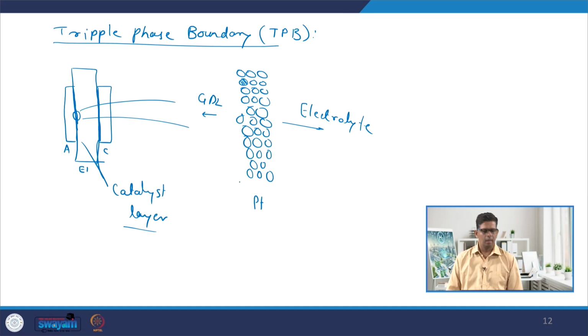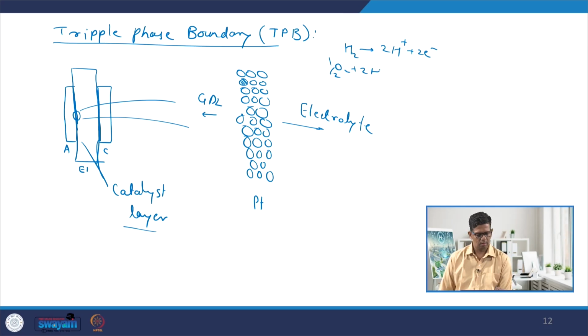So, the reactions that we have mentioned, for example, it could be hydrogen oxidation, or it is the oxygen reduction, these reactions take place at this triple phase boundary. So, what is this triple phase boundary?